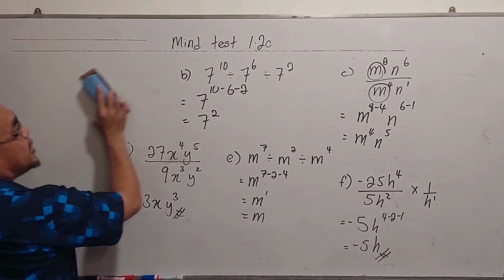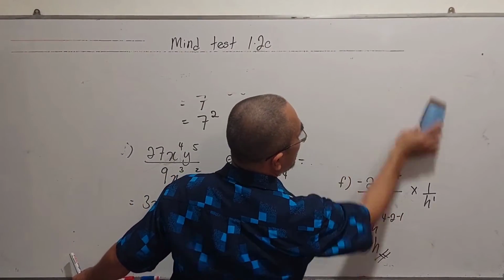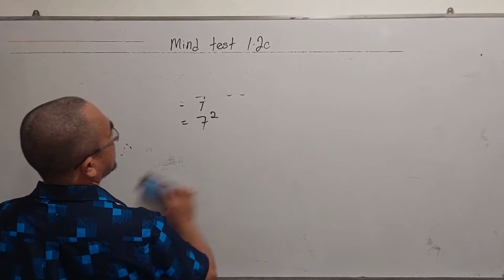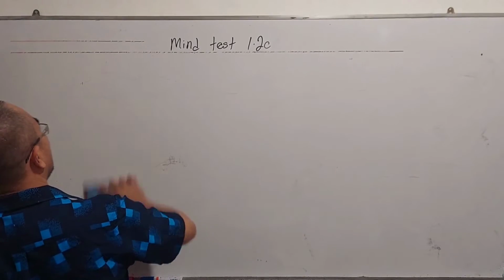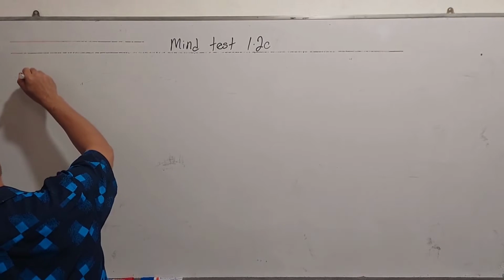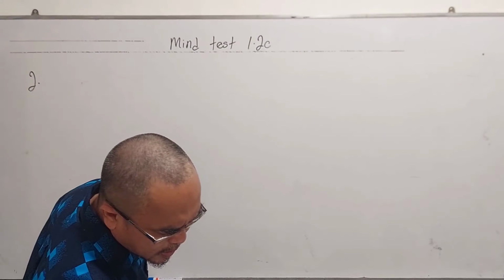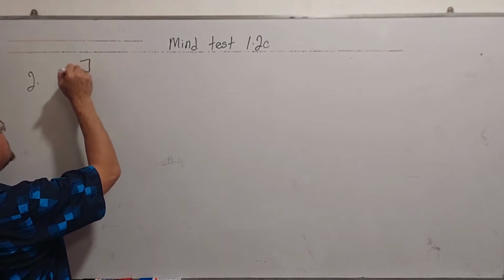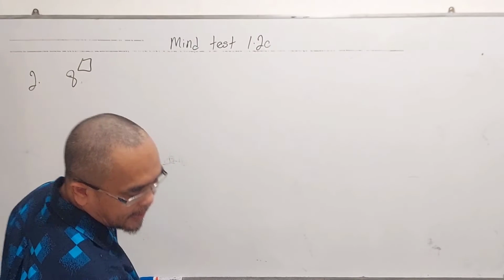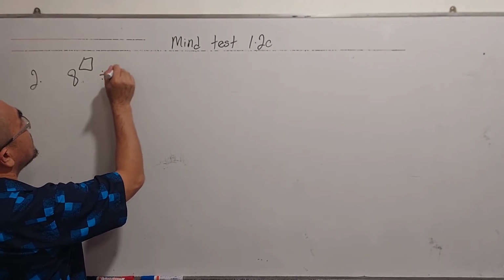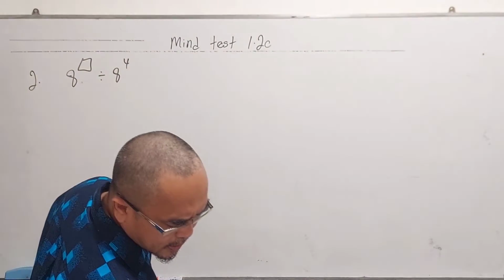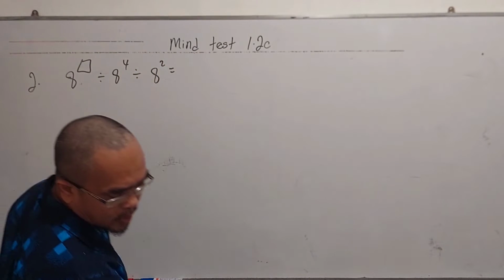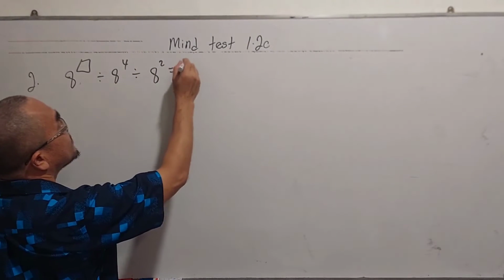Then let's continue with number 2. Box divided by 8 power 4, then divided by 8 power 2 equals 8.